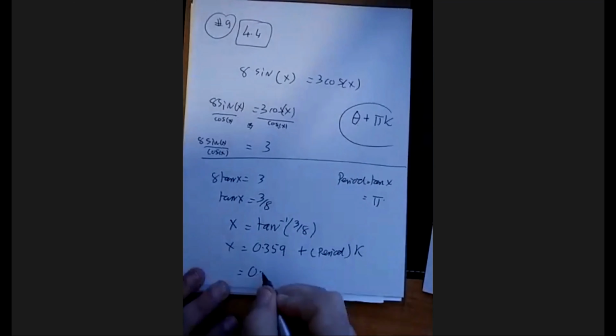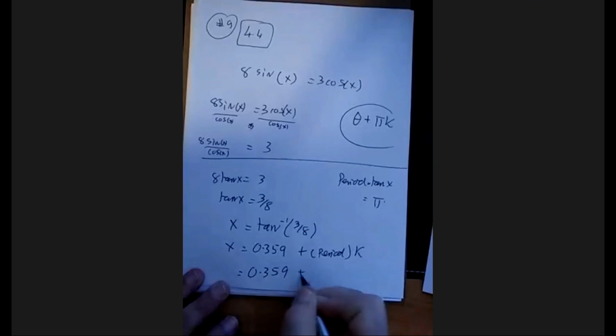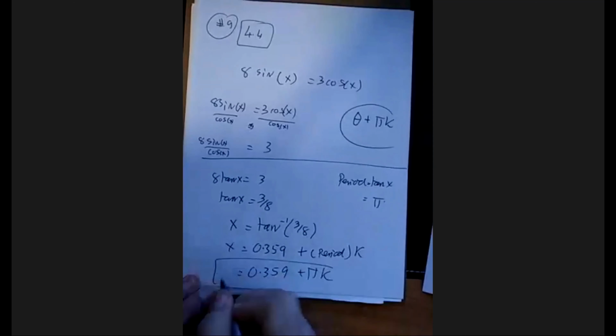Now I'm writing it as period times k because if that was a sine x, wouldn't it be 2 pi k? And if it's a tangent x, it's going to be pi k. And later on, you'll see in other situations, it's going to be a half pi k and various other things. So our answer is 0.359 plus pi k, x equals, and we are done.